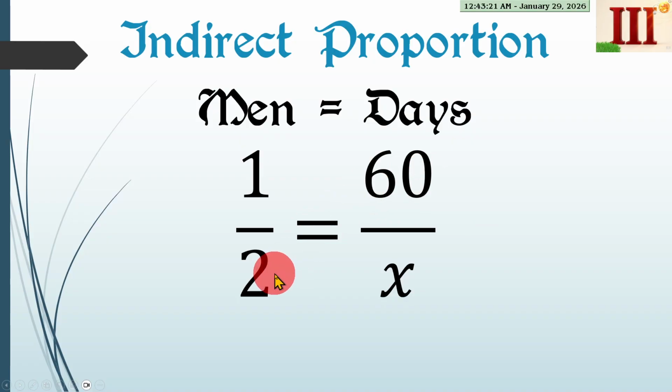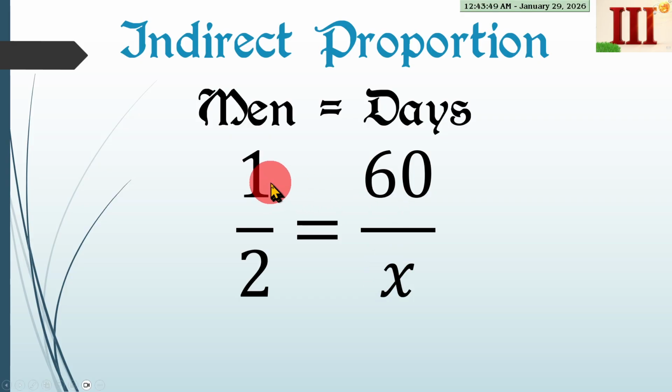Suppose we didn't know the two men; that is unknown to you. Because one is going up and the other is going down, we do not do a direct cross multiplication. Otherwise, this will show 120 if you do that, and that shouldn't be, because if you have two people working, the work should be done sooner.